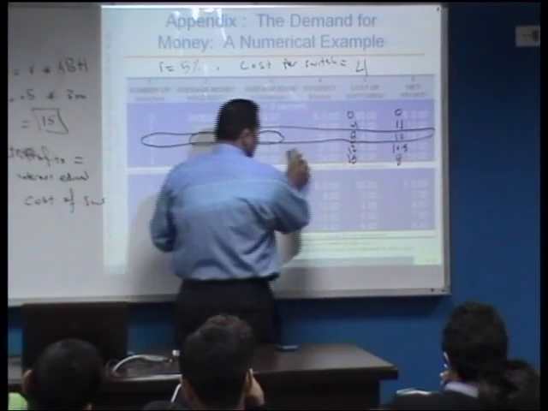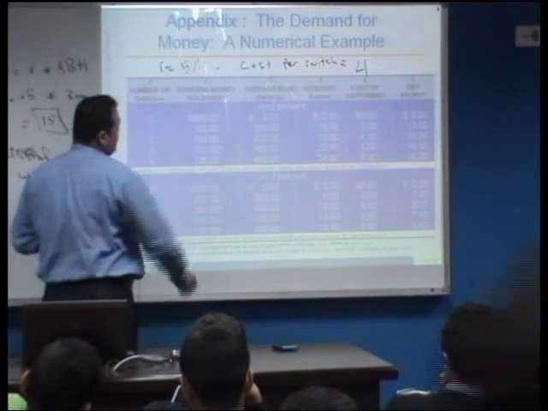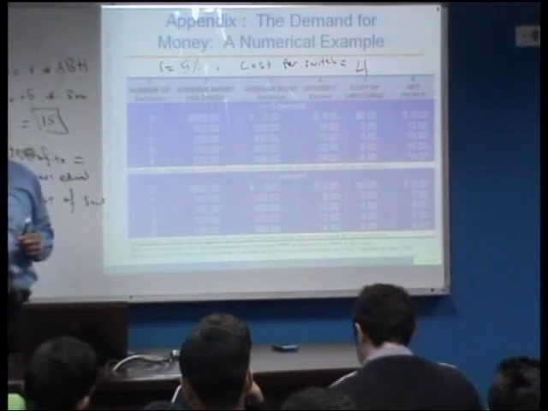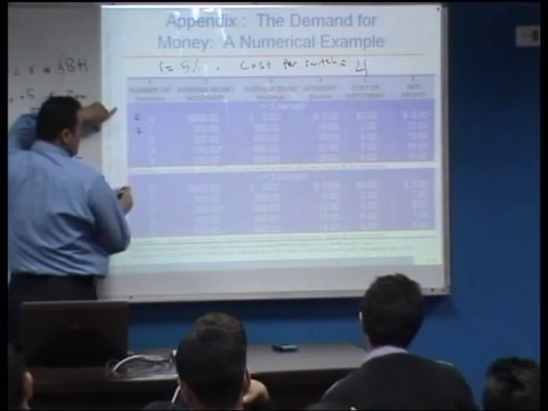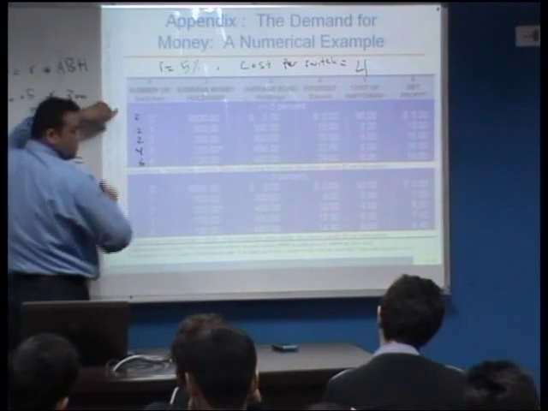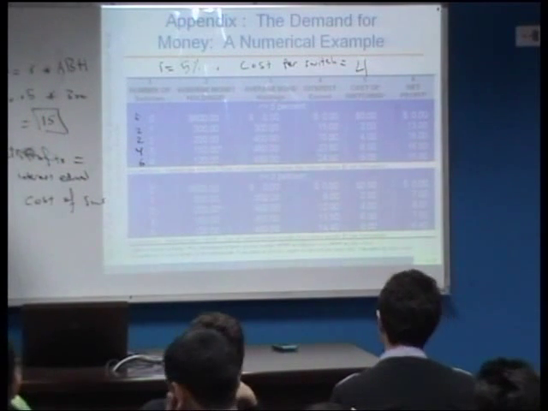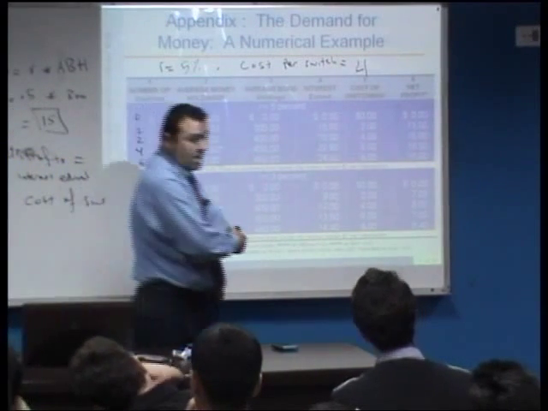Suppose now that the number of switches changes. Suppose 0, 2, 4, 6. Is there a change in the net profits or the optimal balance?